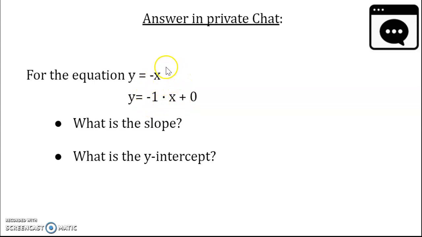And we don't really have a number being added, so instead you can say it's +0, because adding 0 is the same as not being there at all. So then it's easy to tell the slope. The slope is the number in front of x, so the slope is -1. And the y-intercept is the number without the x, so that's 0.